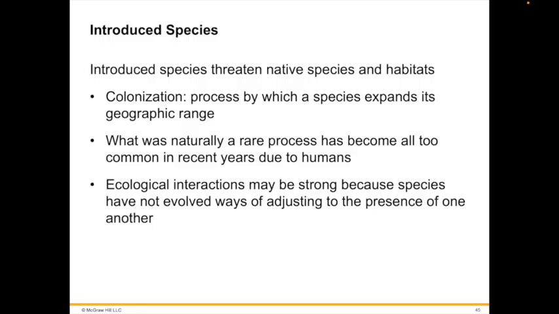Unfortunately, what was naturally a rare process has become all too common in recent years, thanks to actions of humans. In Hawaii, for example, non-native species have arrived in recent decades at a rate 700,000 times greater than during prehistoric times. Elsewhere, the rate is tens of thousands to millions of times higher than in the past.